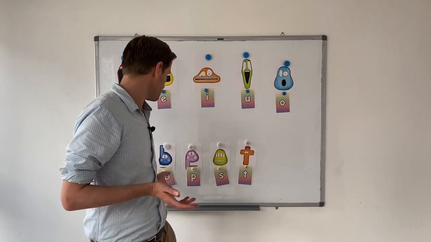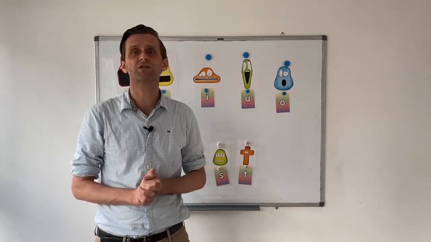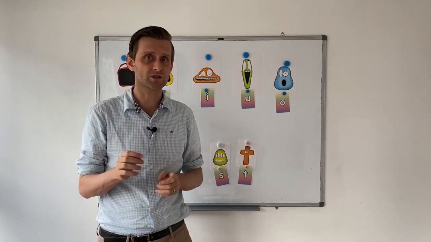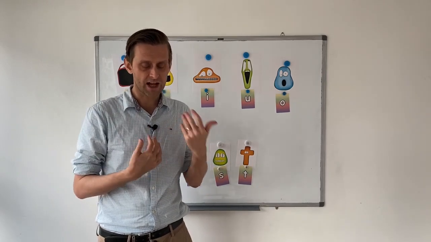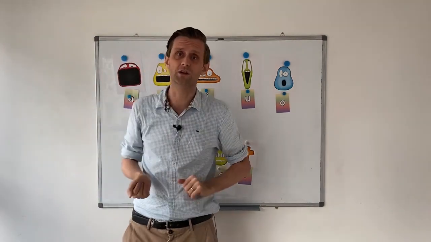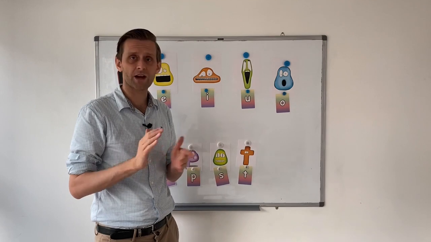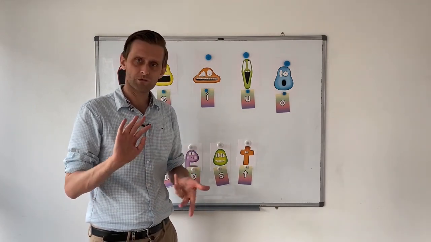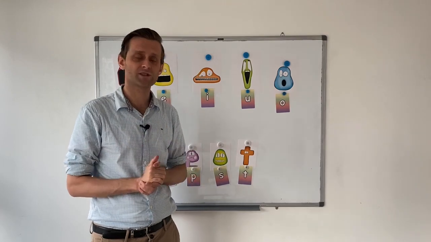Once you have more of a bank, then you start to be able to do more substitution games. Now, substitution is quite good because it helps them to develop their segmenting, so understanding the different parts of a word and the boundaries between the sounds within them, and it helps them by seeing what stays the same and what is different.